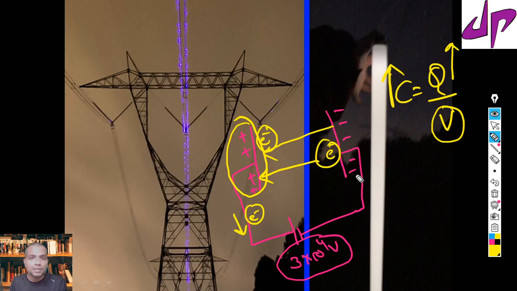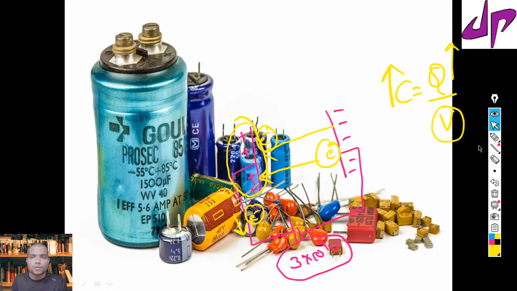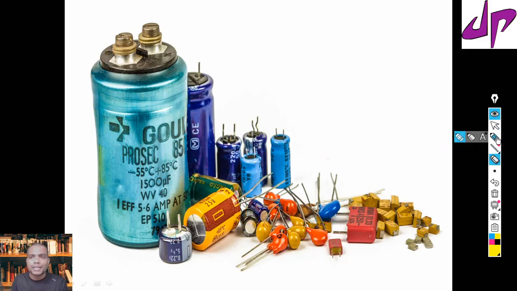So that's the main reason why capacitors come in different sizes, from greater to smaller. This is all because they have a certain limit, and they can store only a certain amount of charge. So that we will discuss in the next concept.